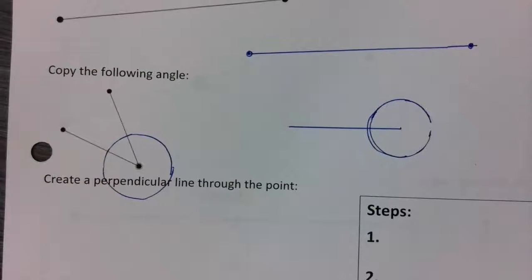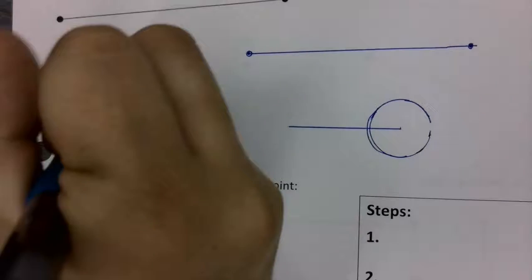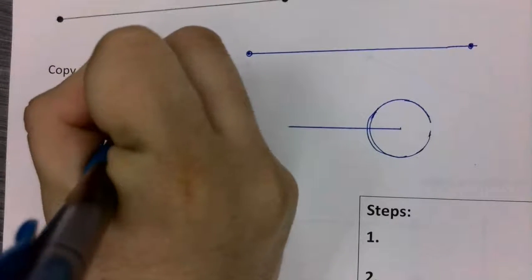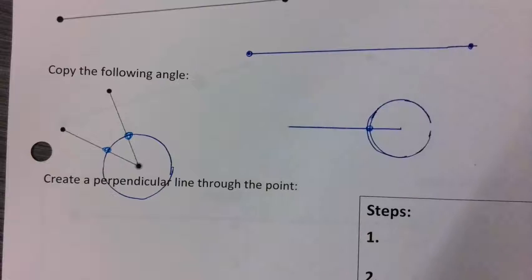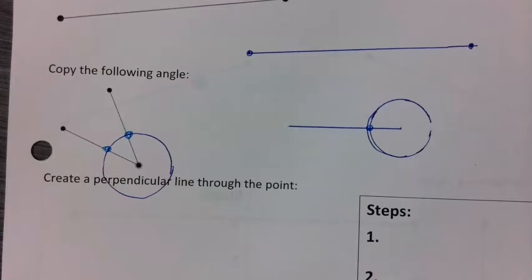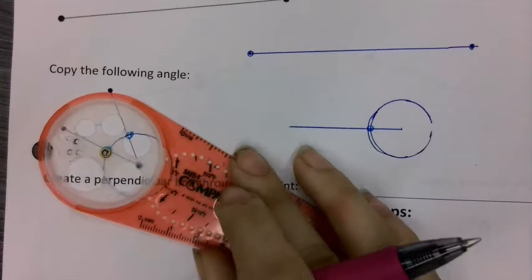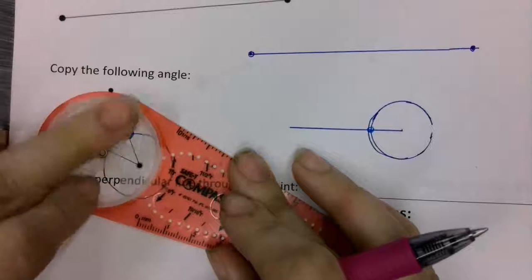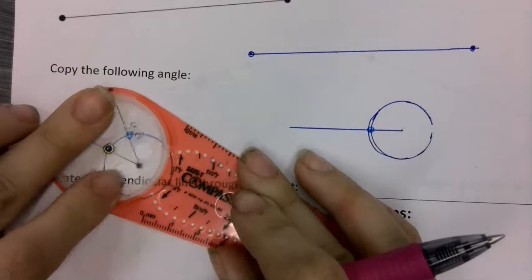Then my second step is to mark the point where they're crossing. And then I'm going to center at one of those points, and my second circle is going to go through the other point.